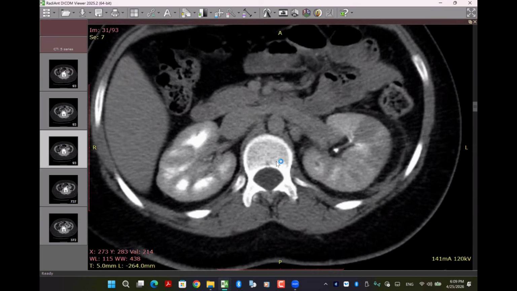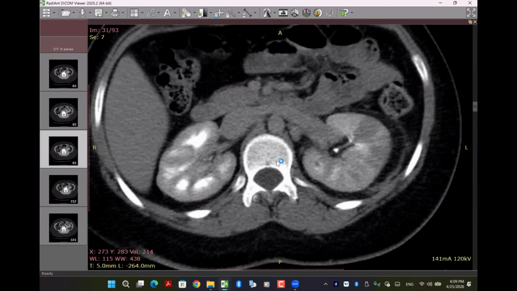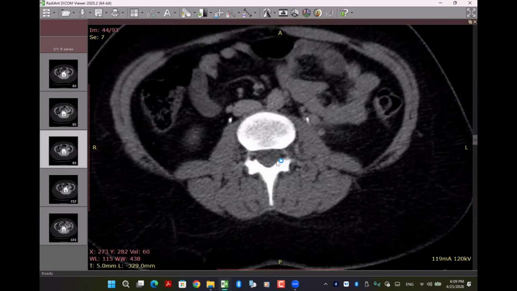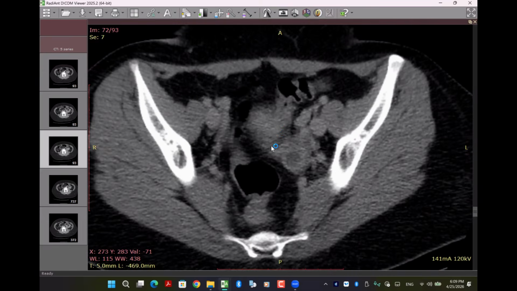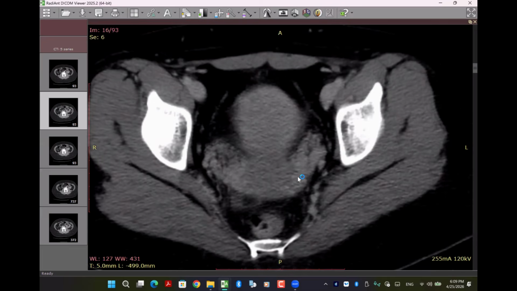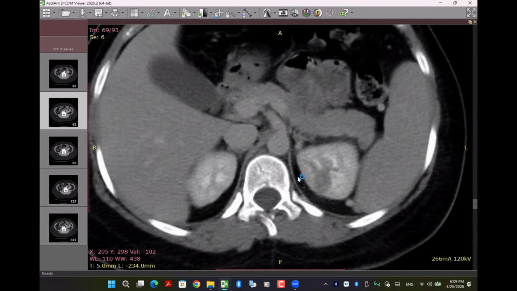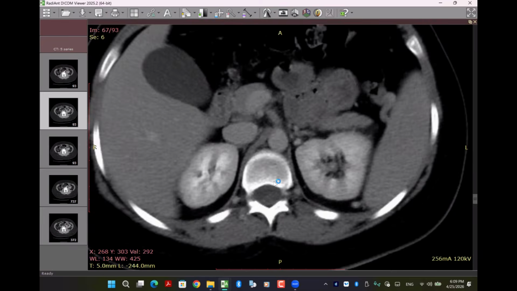So in the delayed phase, I can see that there is normal excretion of the contrast into the renal pyramids and also into the bilateral ureters. Can you please give me a diagnosis in this case? My differentials would be, as there are hypoattenuating lesions, it could be lymphomatous deposits.